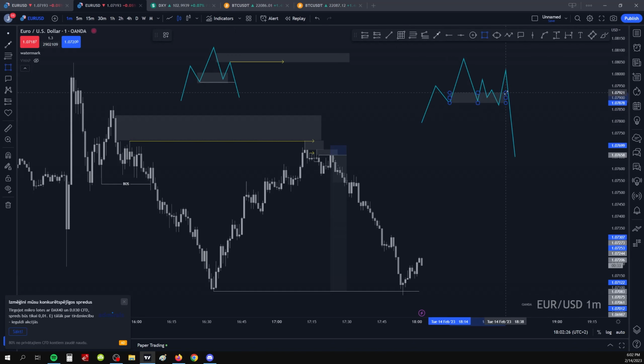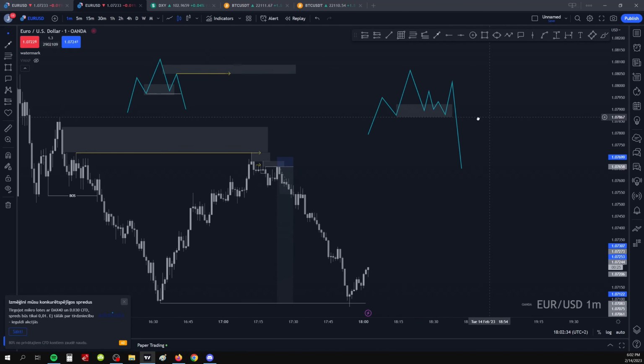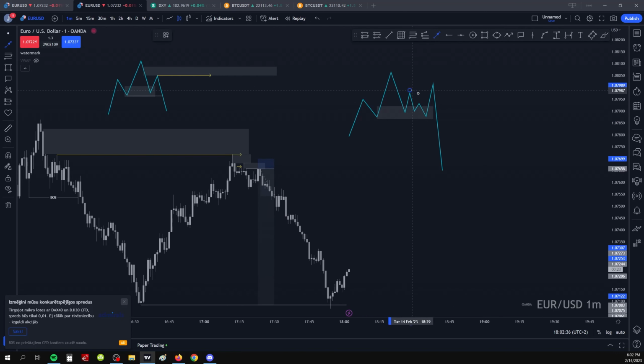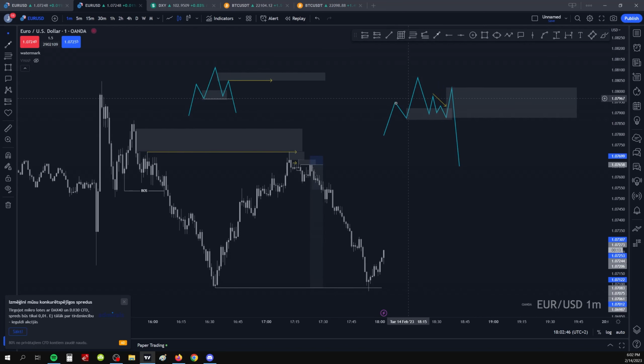And if this happened inside the flip entry, let's say something like that, and this one took out this trendline liquidity, then yes, this flip entry works. But can you see the difference?